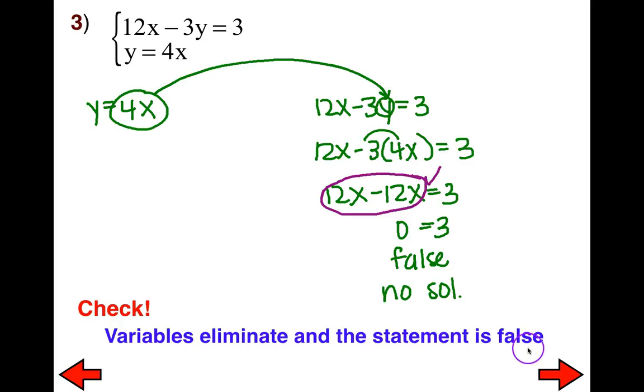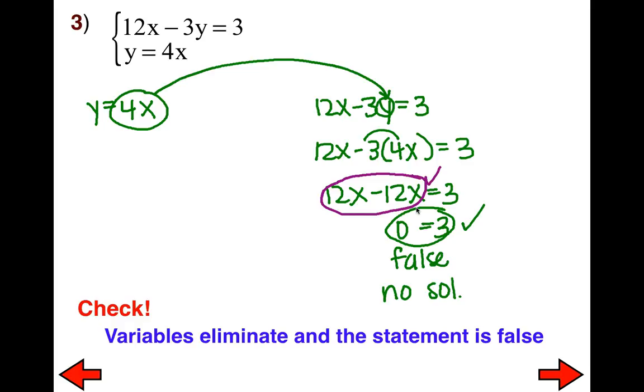What else do I need to prove? Well, I need to prove that I had a false statement, so here it was. 0 does not equal 3. So I'm going to go ahead and claim that that is my false statement. So this is going to help you make sure you don't accidentally say no solution when you're not supposed to. So please make sure you identify where the variables were eliminated.